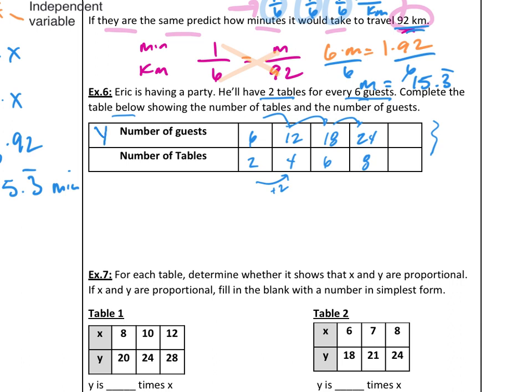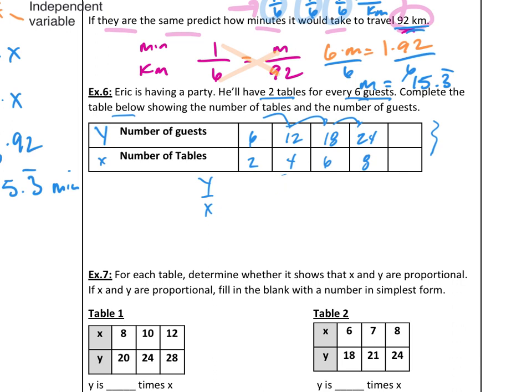So we'll call this the y, because how many guests you can have depends on how many tables you have. And so x is the independent variable. So what we're going to do is just look at what y over x is, right? So we can determine the constant of proportionality. I'm going to erase this.